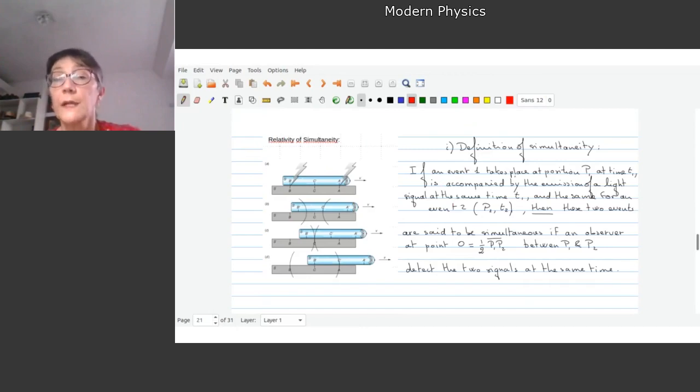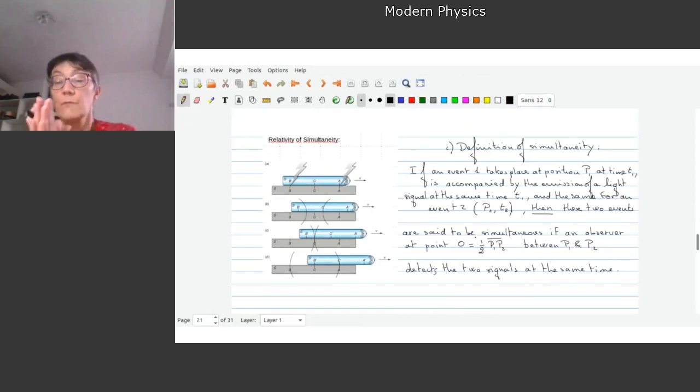If an event 1 takes place at position P1 at time T1, and is accompanied by the emission of a light signal, and the same for an event 2 at another position and time, then these two events are said to be simultaneous if an observer at point O, halfway between P1 and P2, detects the two signals at the same time.